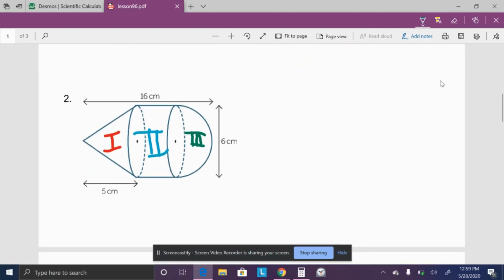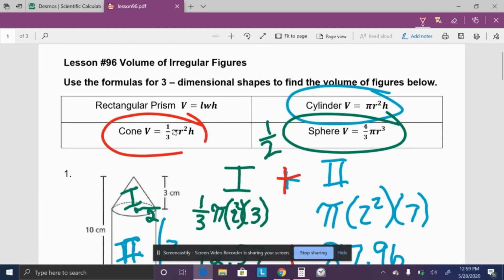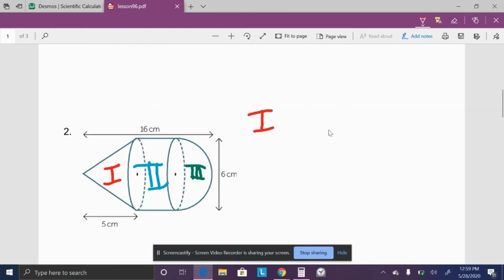All right, let's start off with the cone. So the cone, we need a radius, right? 1/3 pi r squared h, and the height. Okay, well, the height is 5, right? So that's going to be the height of the cone.